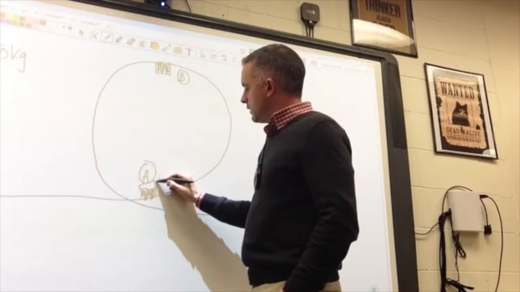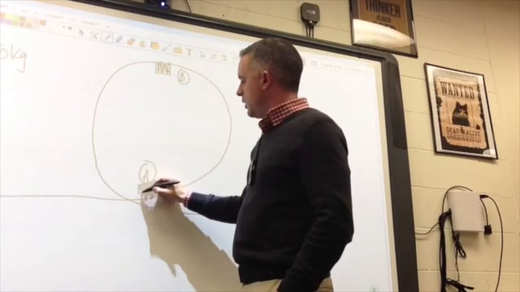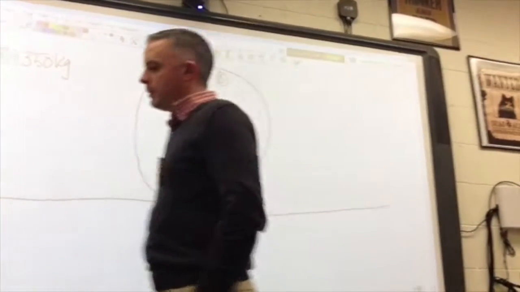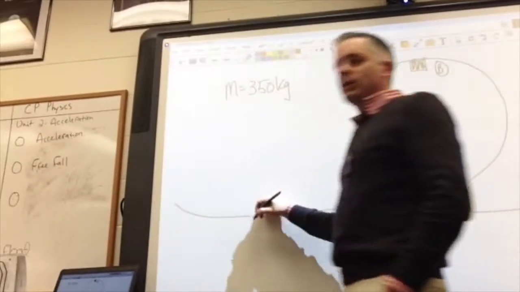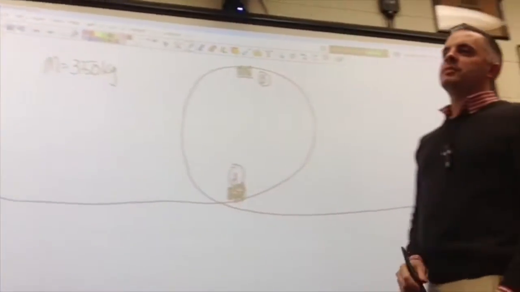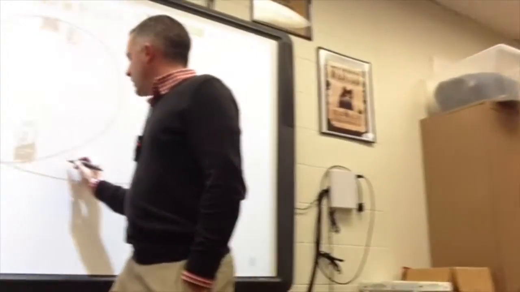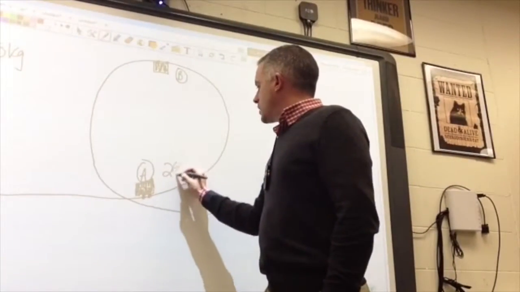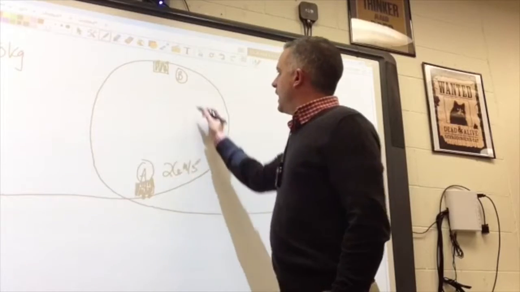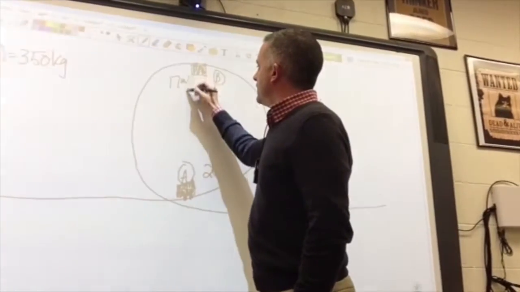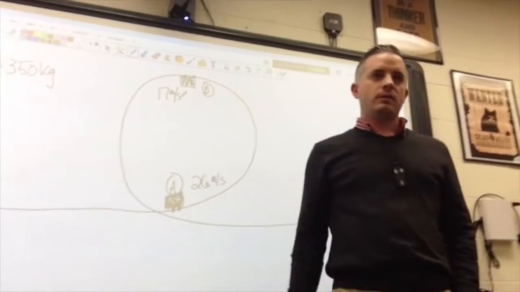For some reason, it's a little taller at the top of the loop-the-loop than it is at the bottom, but that's okay. We found, maybe through a little video analysis, or it's got a speedometer on there, that at the bottom here, it's moving at 26 meters per second, and at the top, it's moving at 17 meters per second.